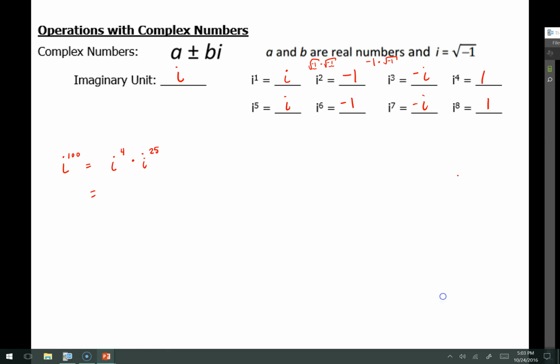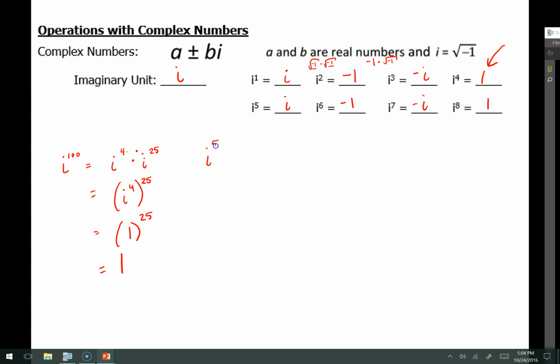I can write it as i to the 4th power raised to the 25th power. i to the 4th is 1, and 1 to the 25th power is just 1.